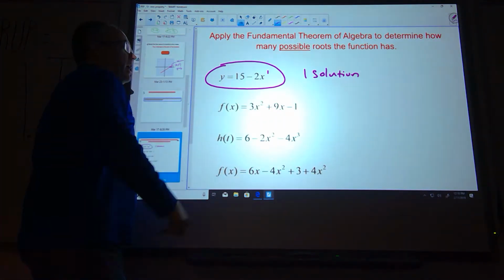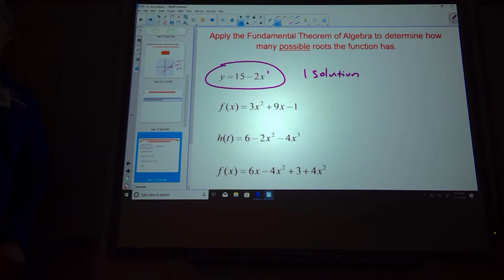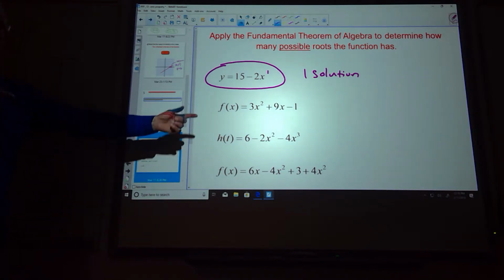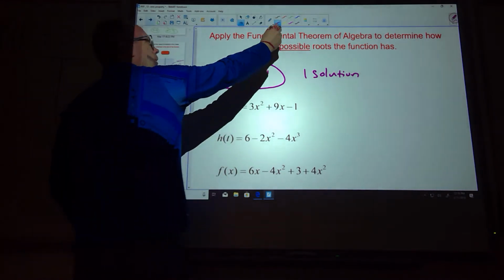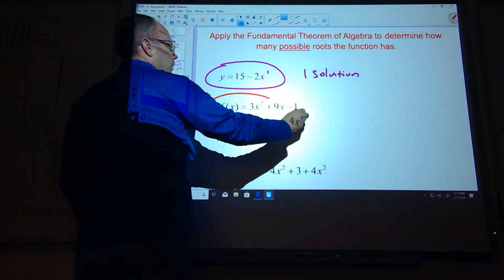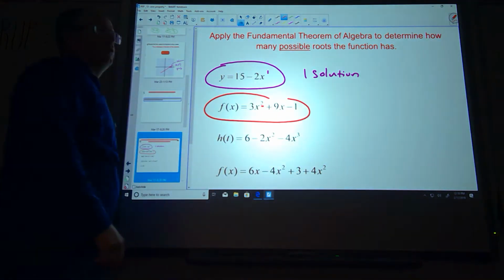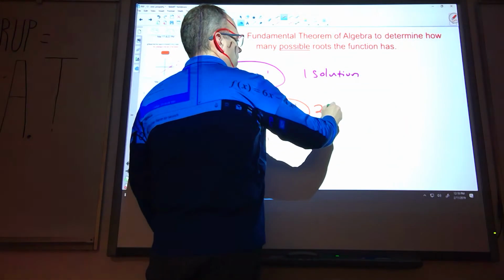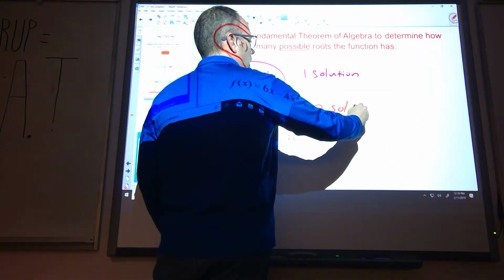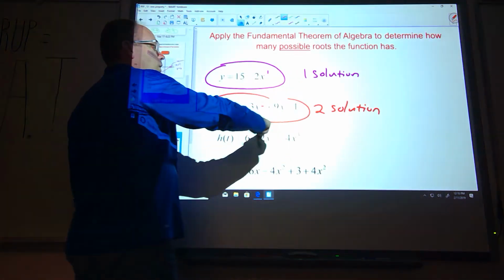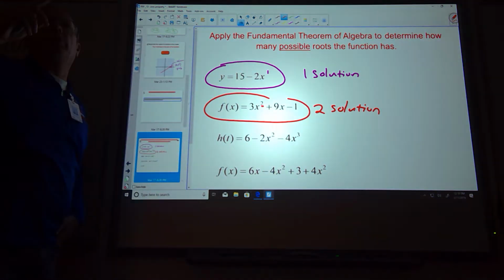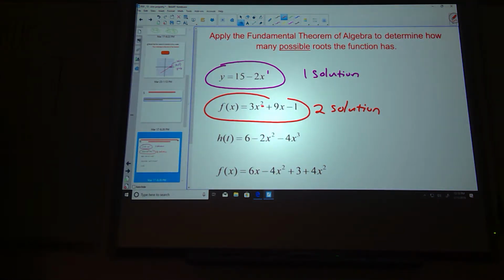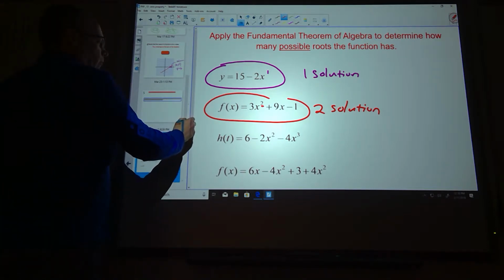What about this one? What's my highest exponent here? 2. Okay. So how many solutions would this problem have? 2. So that means it could cross the x-axis twice. This one would cross it once. This could cross it twice. And I use the term could because there are some things that can happen with a parabola, but we'll start exploring that later.